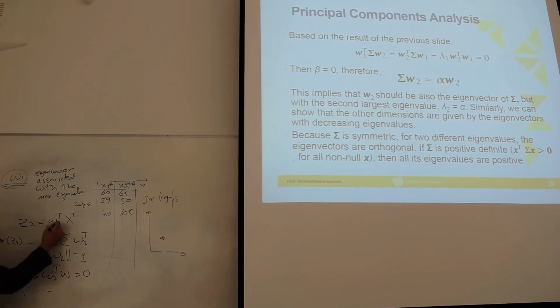The variance of Z3 is equal to W3 transpose Z W3, with W3 transpose W3 equal to 1, and W3 transpose times W2 should be 0, and W3 transpose times W1 should also be 0. We solve this again, and the solution will be the same. W3 should be the eigenvector associated with the third highest eigenvalue.